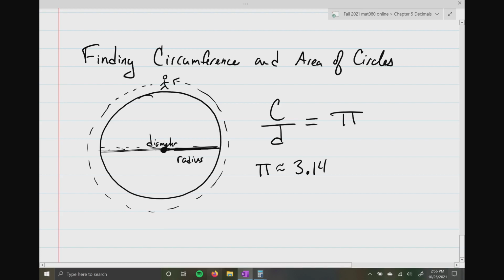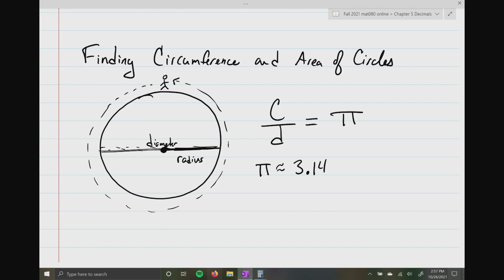No matter what circle you pick that exists on this planet, if you took a piece of string, you wrapped it around the circle, and then you used a ruler to measure that distance, and then you used the same ruler to measure the distance at the diameter, and you divided the two numbers, C divided by D, it's always going to equal 3.14. This number pi is so special that it got its own symbol, and that's amazing.